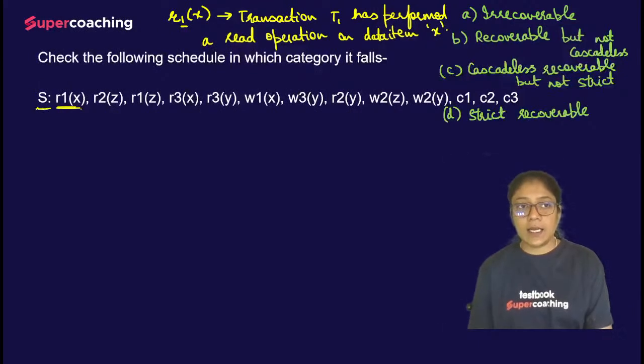This indicates that the schedule has 3 transactions, T1, T2 and T3.